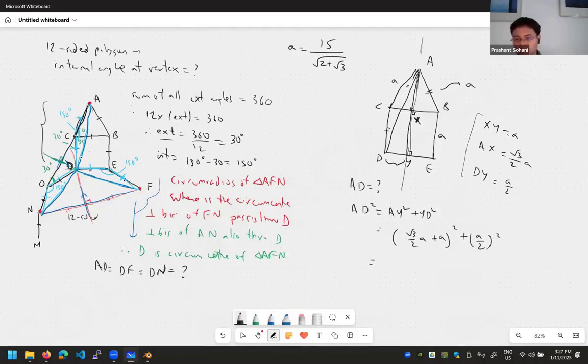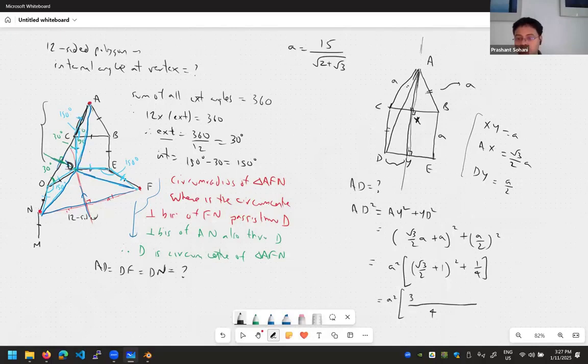And so firstly you see that I can take A square common from everything. So if I keep A square outside, then inside the bracket I will have root 3 by 2 plus 1 whole square plus one-fourth, and I can just expand this. So let me skip the expansion, do it quickly in your mind. So this is root 3 plus 2 whole square plus 1.